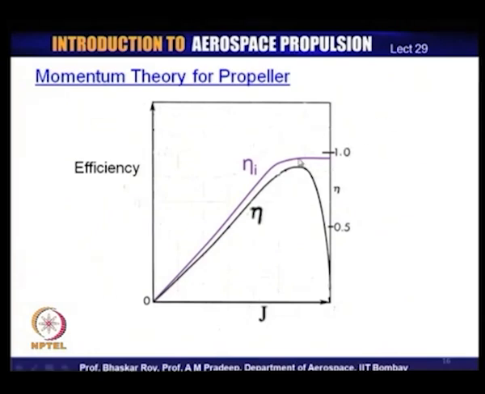And then the momentum theory shows a maxima more or less at the same place where the actual propeller would show a maxima. After that, the induced efficiency obtained from momentum theory does not show any fall anymore. It remains constant thereafter. Now, this is a big difference, and you need to understand why it happens.